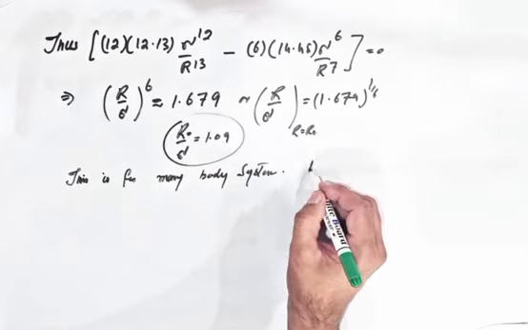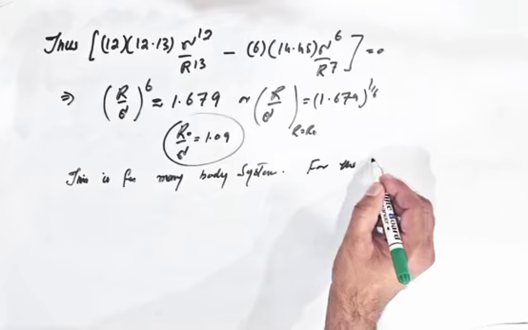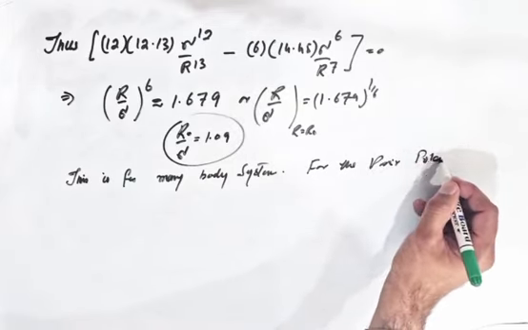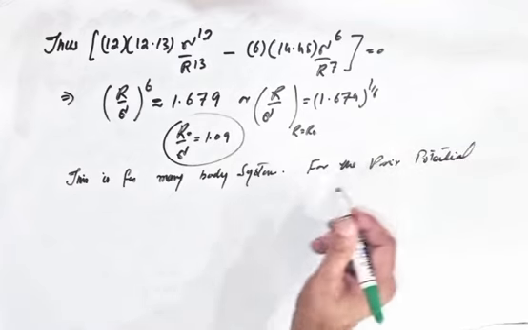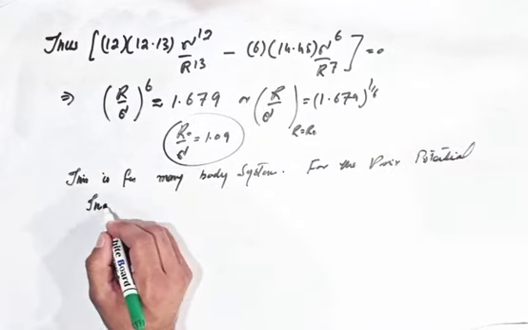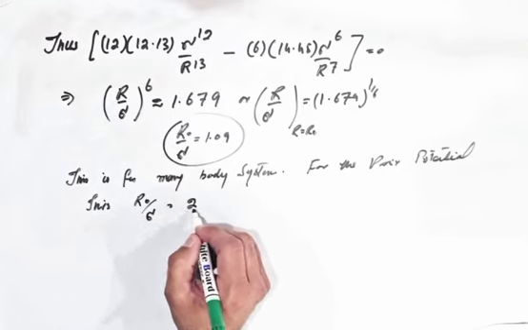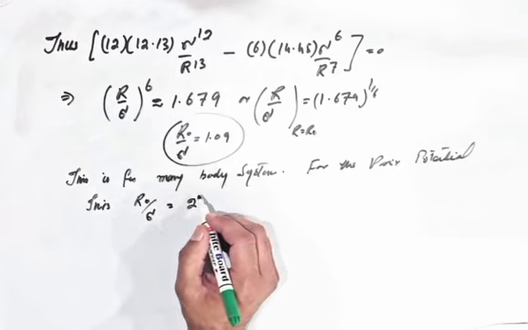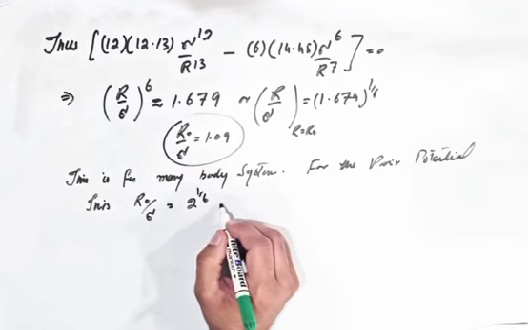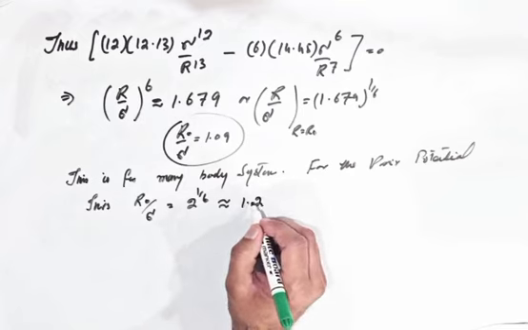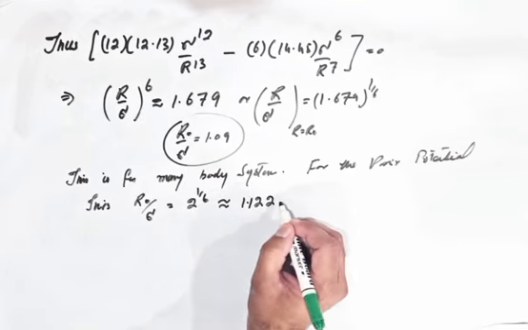For the pair potential, R naught by sigma is 2 to the power 1 over 6, which is nearly equal to 1.122.